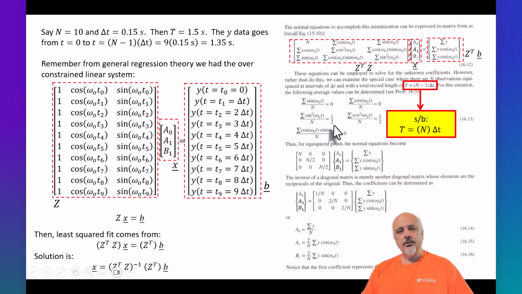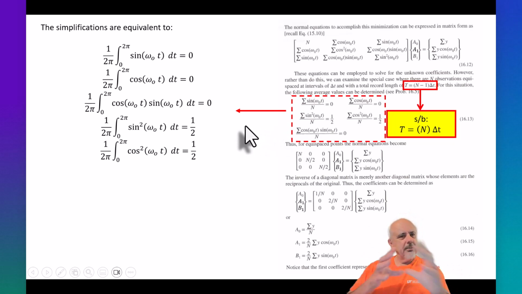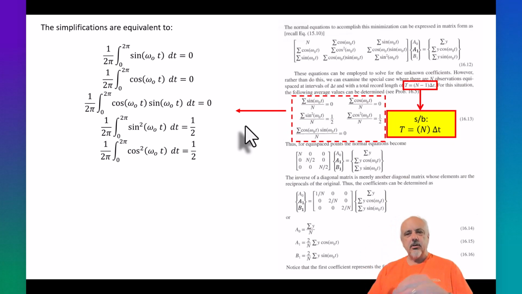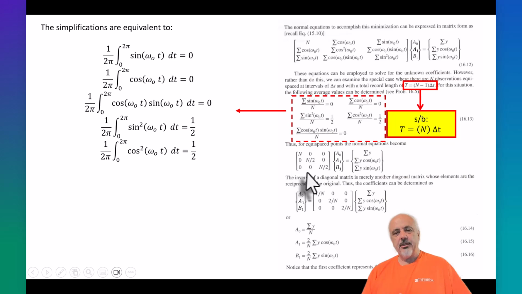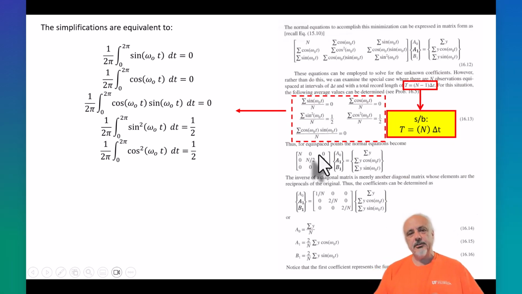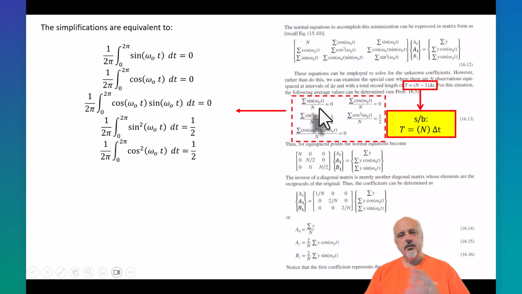I was a little concerned about this part, so I did some studying, because they're claiming that these off-diagonal pieces are all going to be 0, and it's actually true. I was a little intimidated by it, but then I remembered that these are periodic functions. If I were to look at these integrated from 0 to 2 pi over the full integral, then yes, the sine does integrate to 0, and that's the same as taking it from 0 to T and dividing by 2 pi.